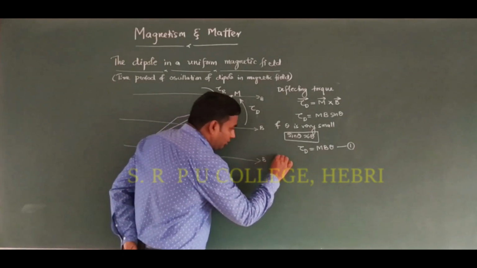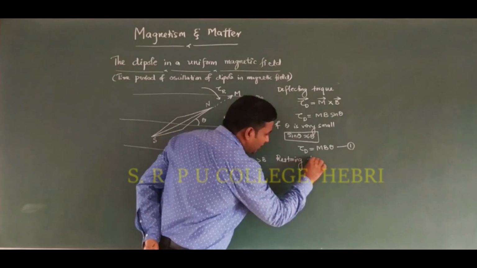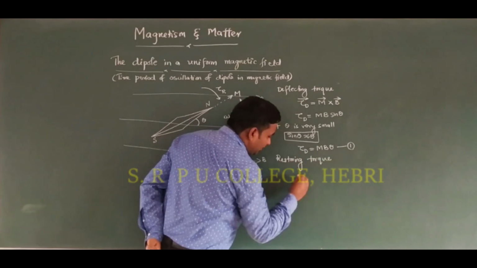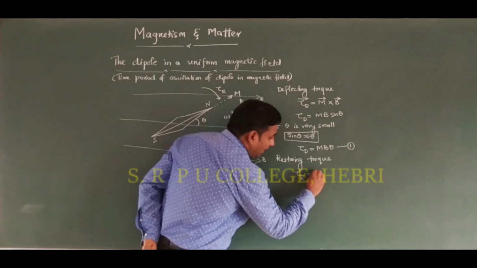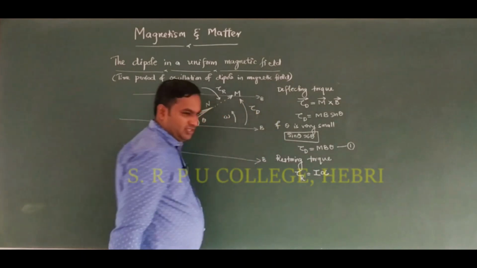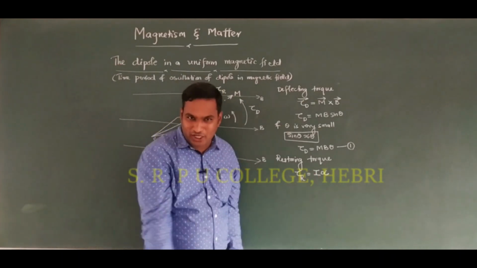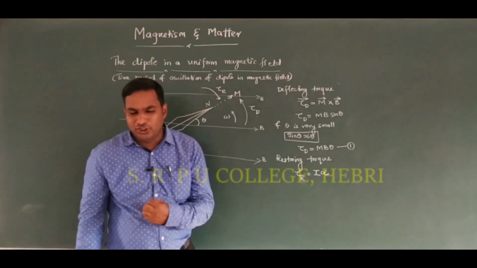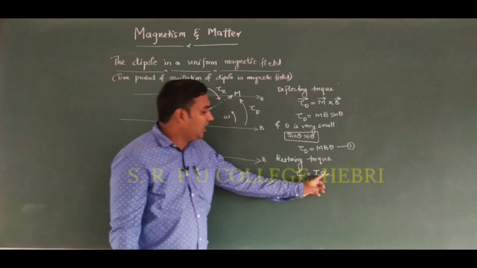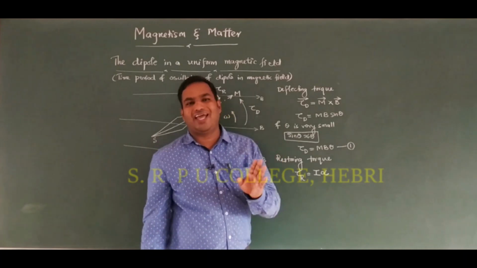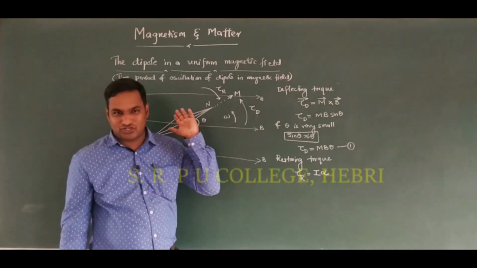Next important thing, restoring torque we denote as tau r is equal to I alpha. Here I represents the moment of inertia. You heard about that word, you learn it under rotational motion and system of particles. Alpha is called angular acceleration.